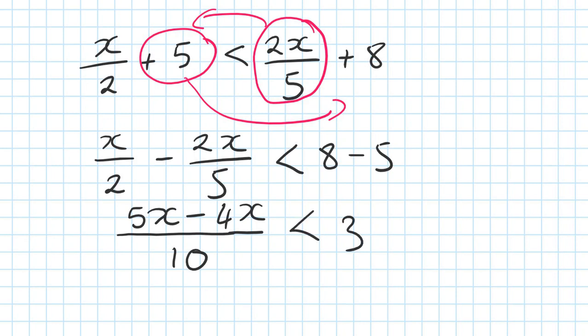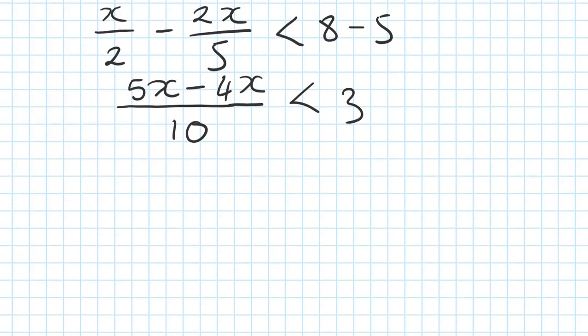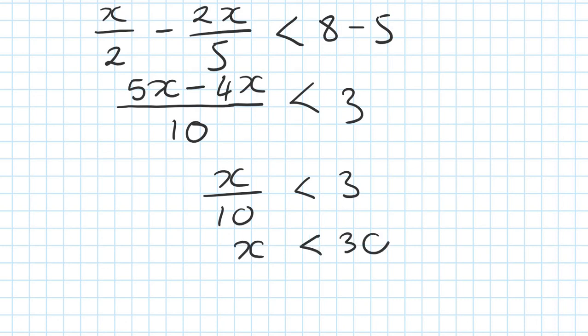Then I just collect like terms now, which is 5 minus 4 is x, so this means x over 10 is less than 3. I times 10 both sides, so that means x is less than 30.